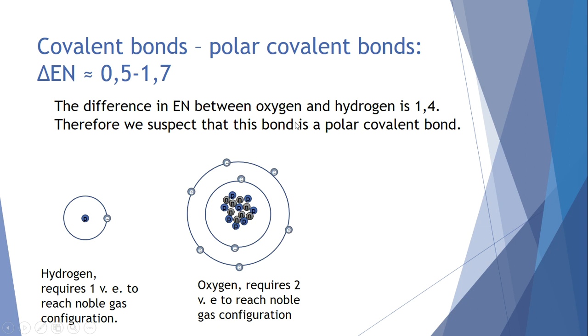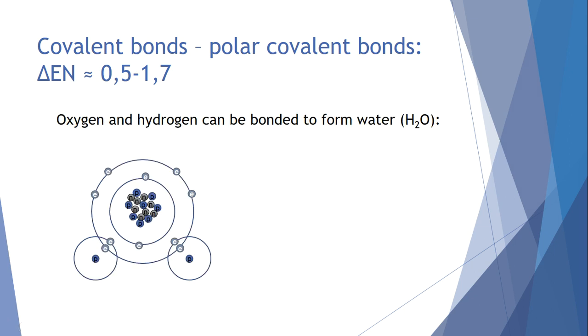So, if we compare hydrogen, remember 1 proton defines the element, and oxygen, 1, 2, 3, 4, 5, 6, 7, 8, so this defines the oxygen. Hydrogen is going to require 1 additional valence electron, so it will be like helium. It reaches a noble gas configuration. Oxygen has 6 valence electrons, and requires 2 more. So when these combine, we're going to get something like this.